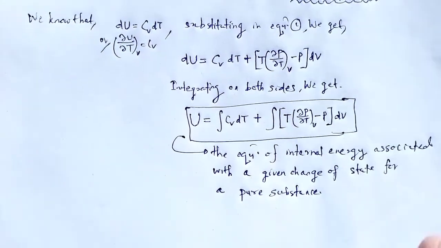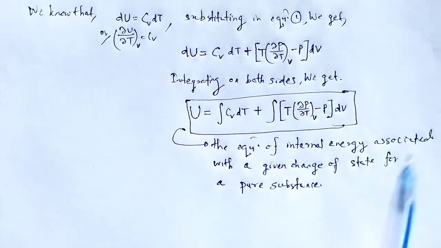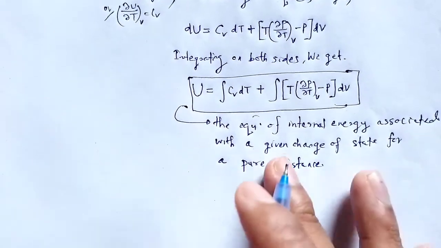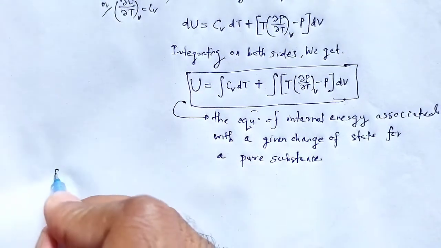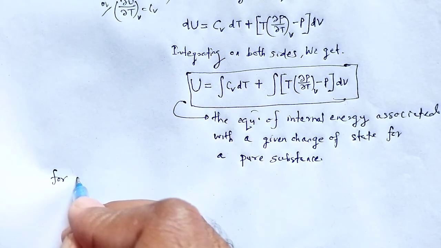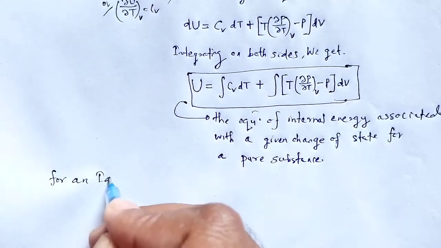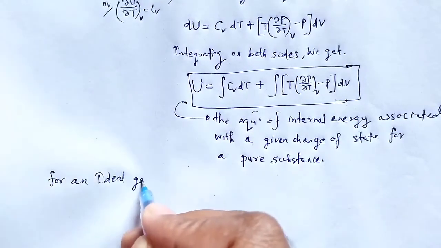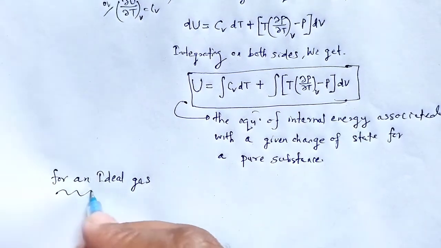Now, for an ideal gas, what is the observation?